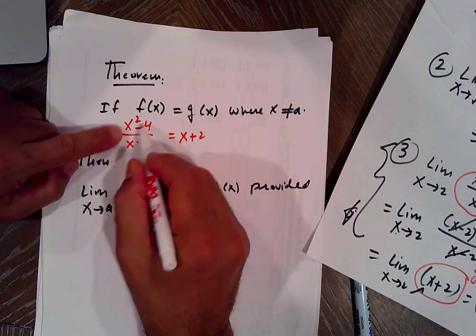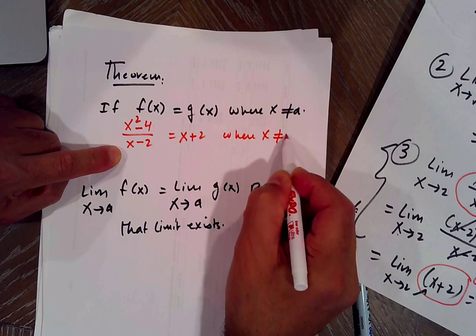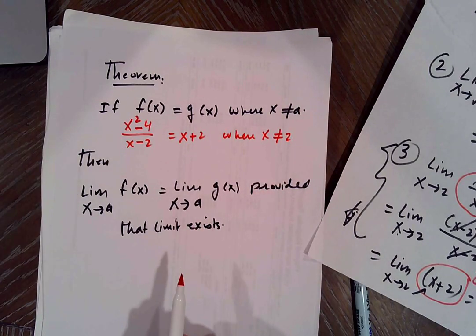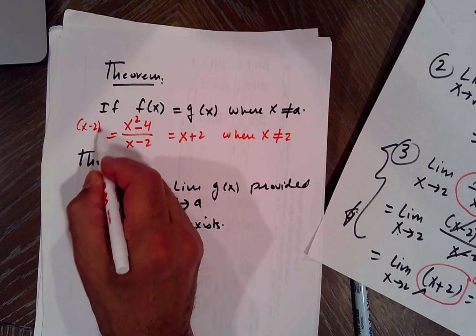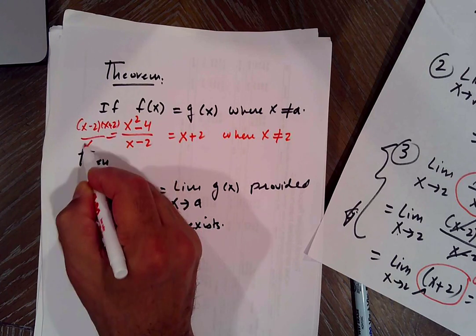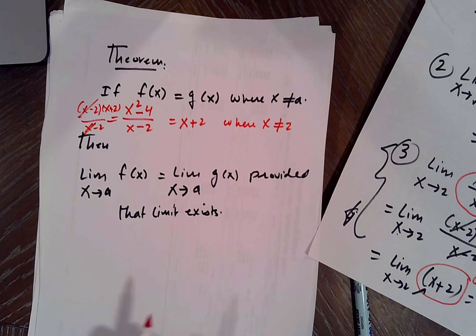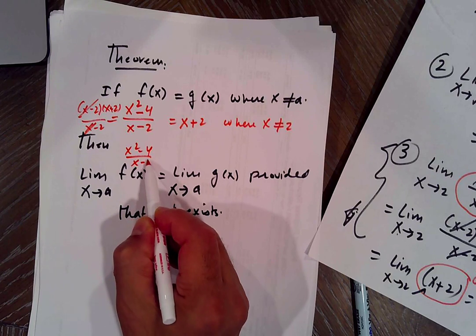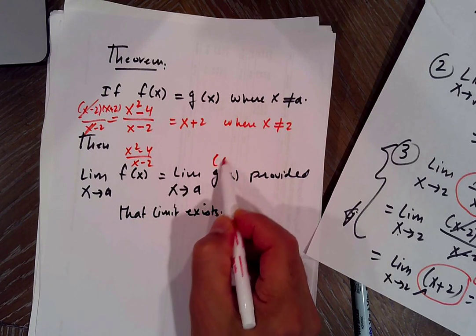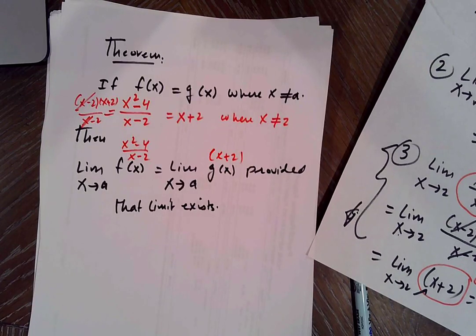Remember, we got this by factoring, where x is not 2. Remember, x is approaching 2, but it doesn't equal 2. We cannot divide by x minus 2 unless we make sure that x is not 2. We cannot divide by 0. Then the limit of x squared minus 4 over x minus 2 equals the limit of x plus 2, provided the limit exists, which it does exist because it equals 4.